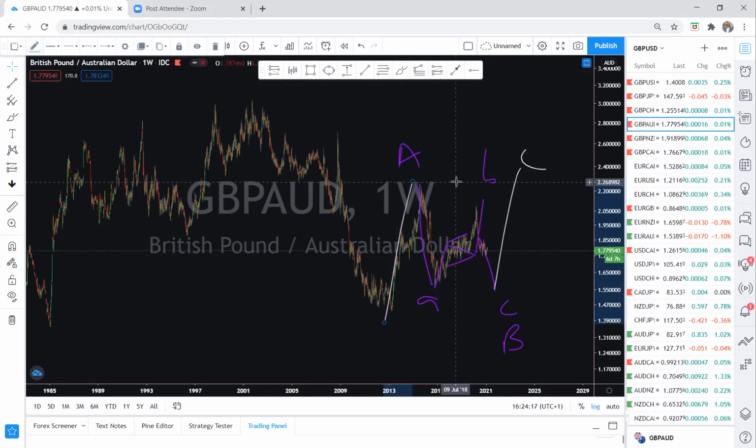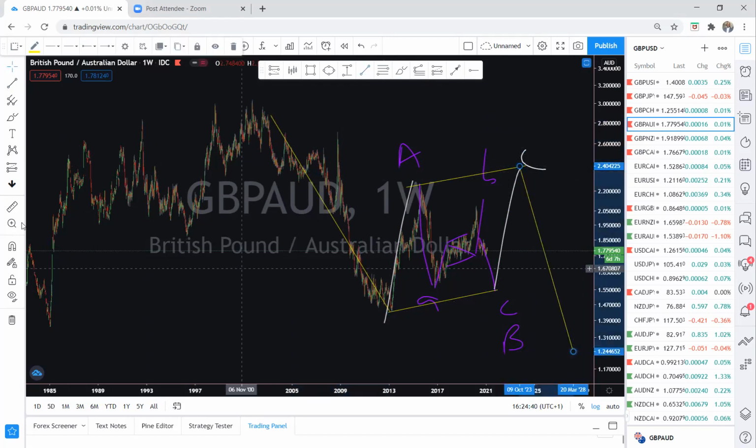So what we have in 3 waves at the middle is B, and then you have this C. This is expected to make a complete structure this way. That's what we expect in the weekly, and then this move to the downside will continue here to the downside.